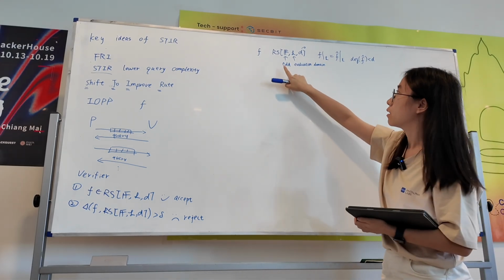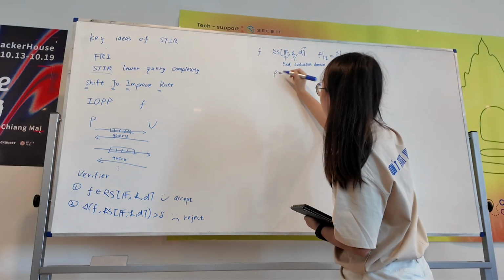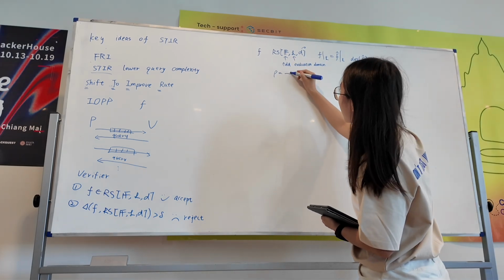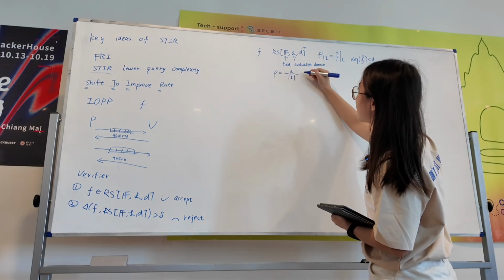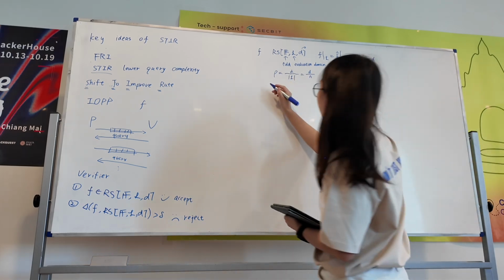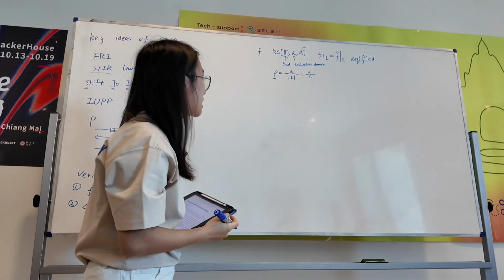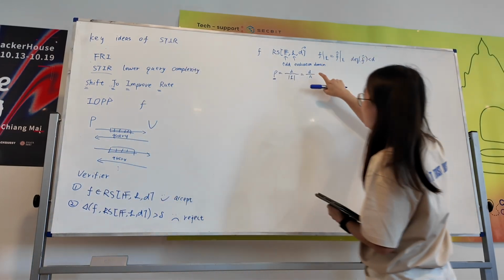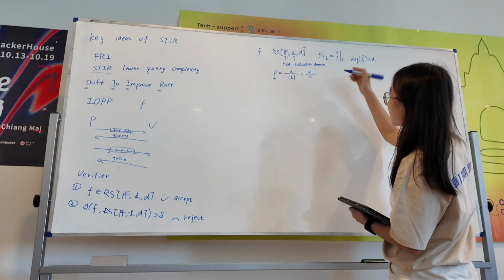So we want to compute the rate. It is the degree over the size of the evaluation domain. We can suppose it is n. So this is the rate. The rate means the real message over the whole code word.